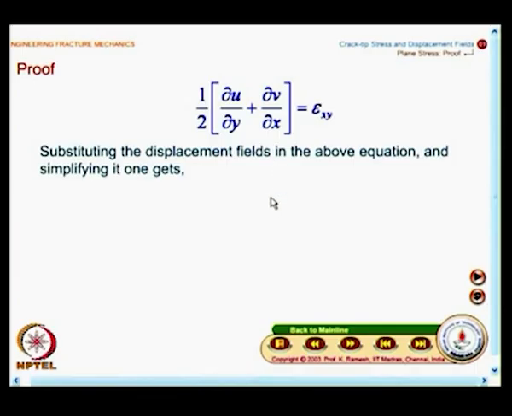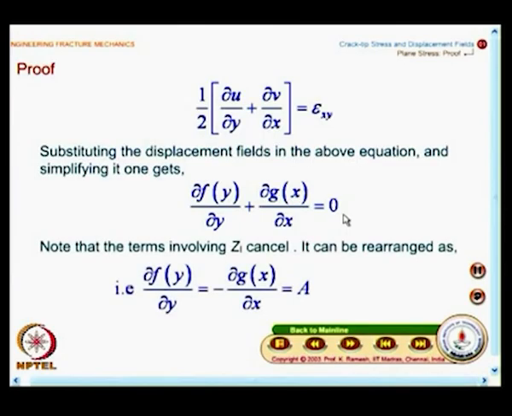I am not doing that in detail, so go back into your room and check it. So, when I do that, I get this equal to 0. You will have to substitute it, and I would like you to verify it in your rooms.